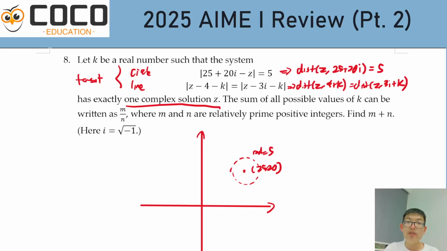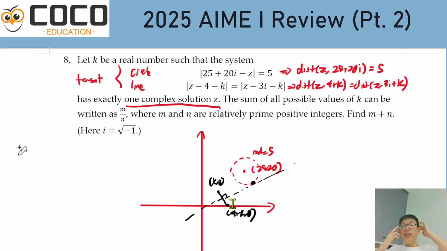Then somewhere else I have 4 plus k, 0, and I have 3i plus k, that's k, 3. The perpendicular bisector is supposed to be tangent. This is actually a little bit better than I expected my initial drawing to be, because I don't know k, but that is good. So this is the figure that I am thinking of.